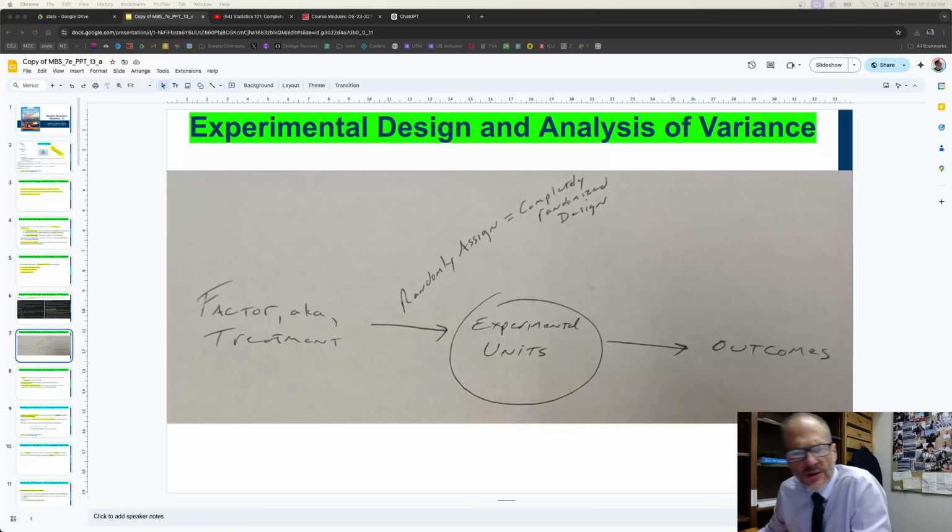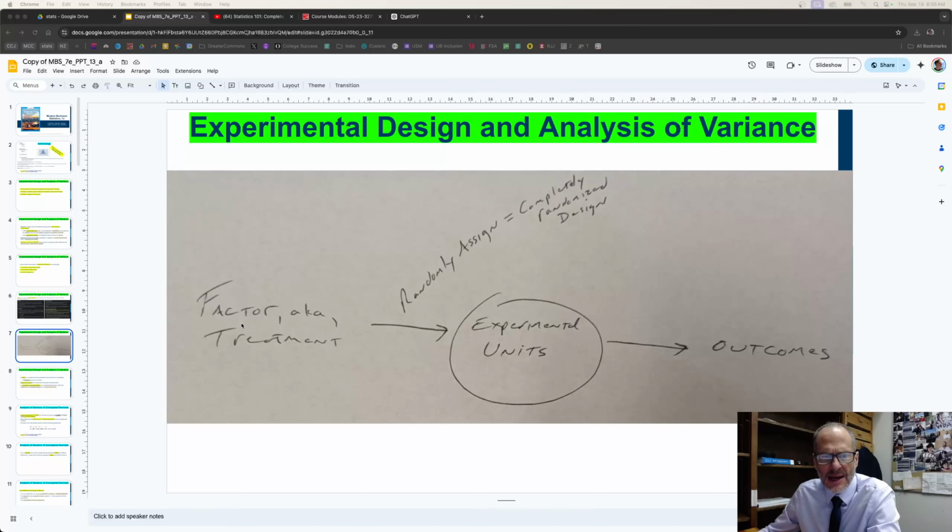All right, here's the drawing I came up with. You take a factor, also known as a treatment, and you apply it to experimental units, and then you measure the outcomes. If you randomly assign the factor or treatment, that is known as a completely randomized design. So if you say, just randomly, you're going to get the Mediterranean diet, you're going to get the low-carb diet, you're going to get no diet, you randomly assign different factors or treatments to experimental units.